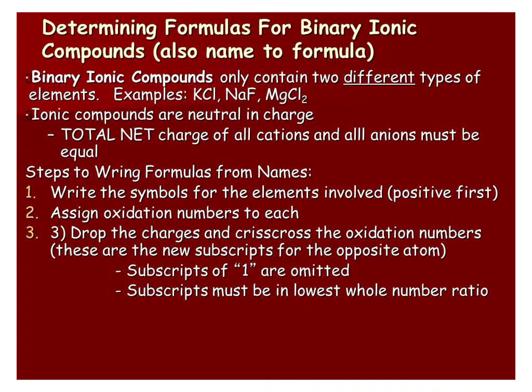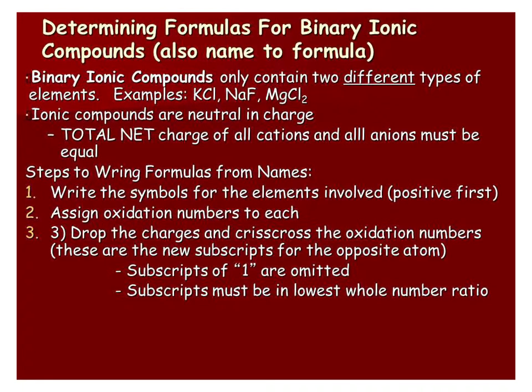The Stock system is used to determine the formulas for binary ionic compounds. Sometimes you also hear this called name to formula for ionic compounds. Now remember, binary ionic compounds only contain two different types of elements. I'll give you some examples here: potassium chloride, sodium fluoride, and magnesium chloride.